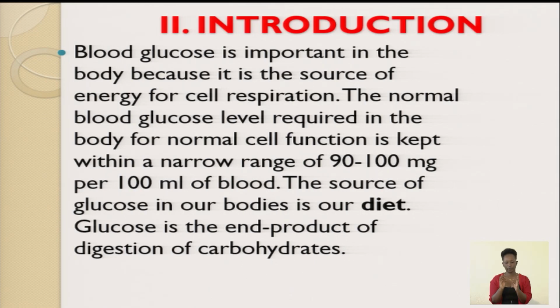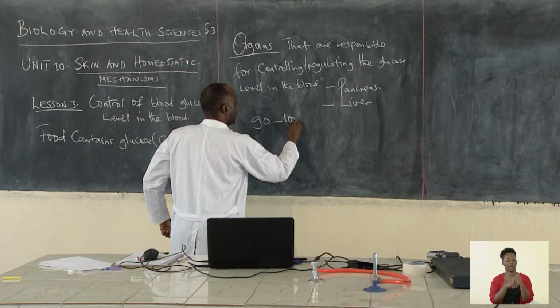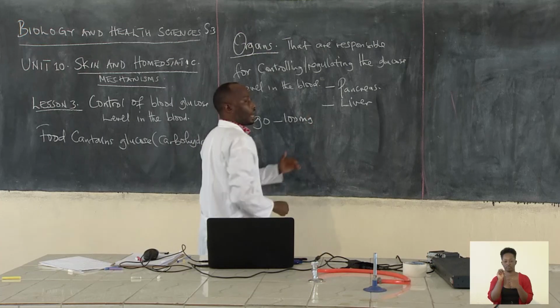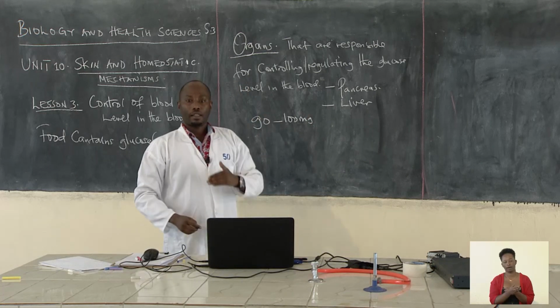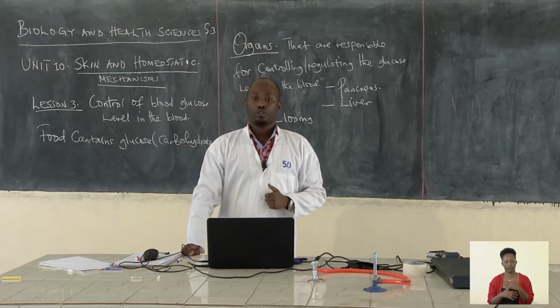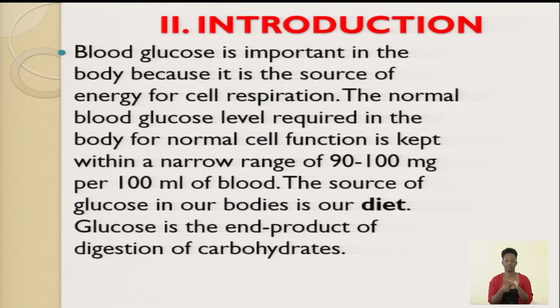We know that the normal blood glucose level required in the body for normal cell functioning is kept within a narrow range of 90 to 100 milligrams per 100 milliliters of blood.